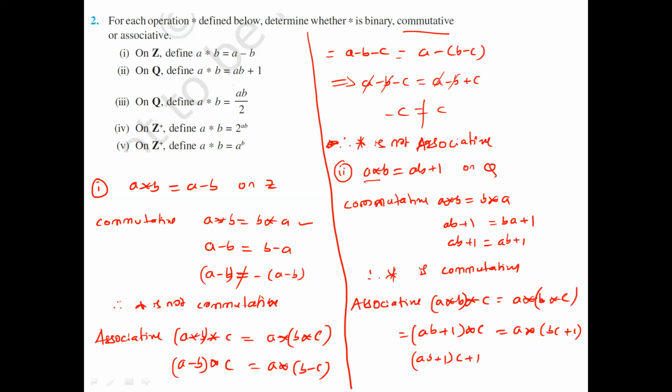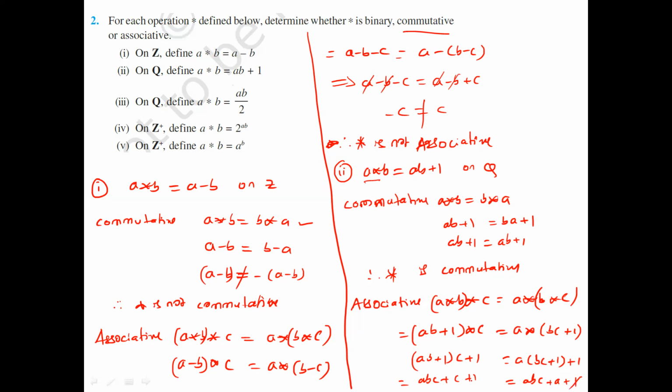Next, here also this entire quantity has to be multiplied and plus 1: A into BC plus 1, plus 1. Now multiplying, ABC plus C plus 1. Here, ABC plus A plus 1.